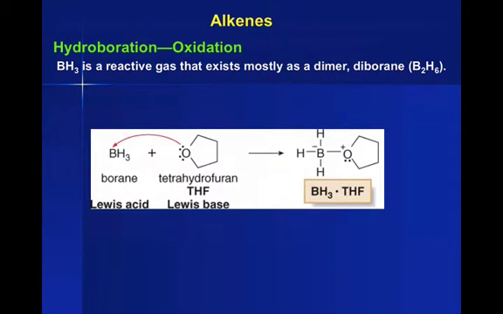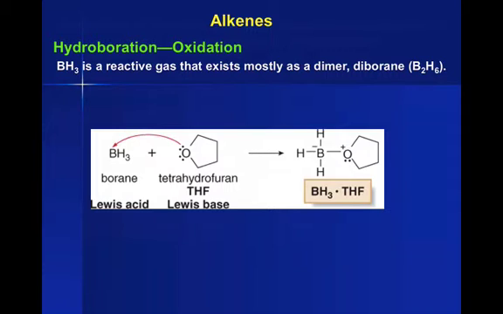Now, you do not work with BH3 for all practical purposes because BH3 is a reactive gas that exists as B2H6. Very reactive, and so what we do is we buy solutions of it, typically in THF. And THF has this oxygen atom with these lone pairs of electrons, so it functions as a Lewis base.